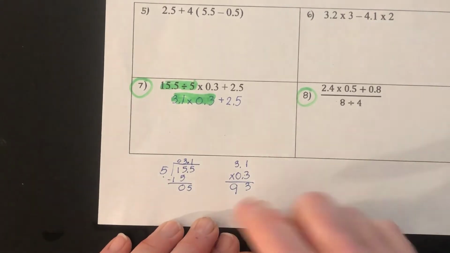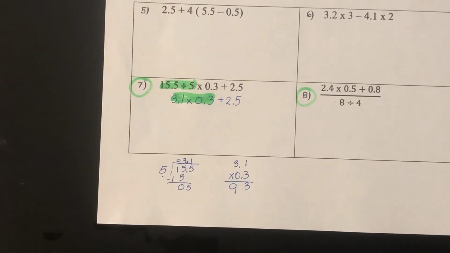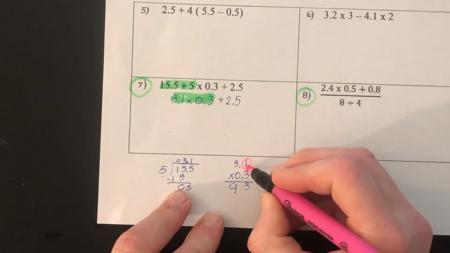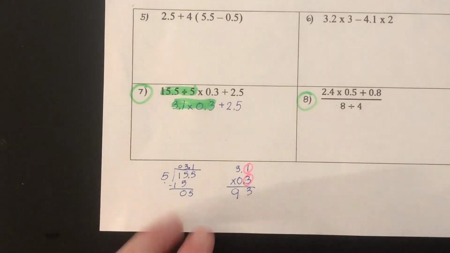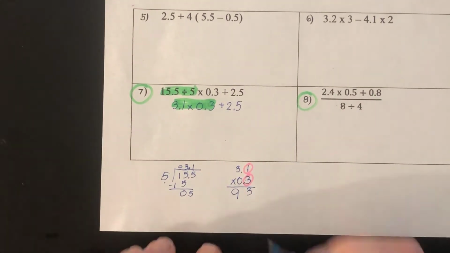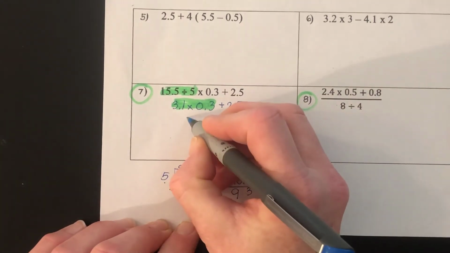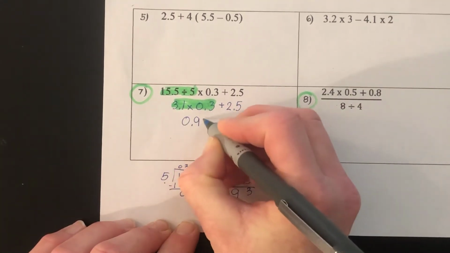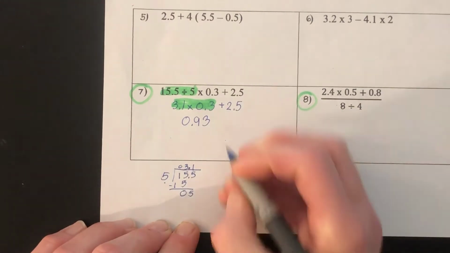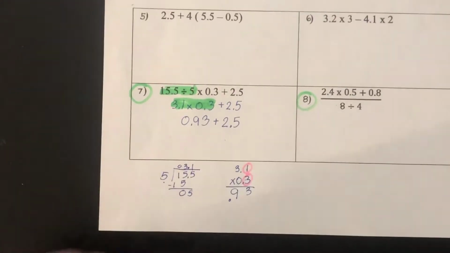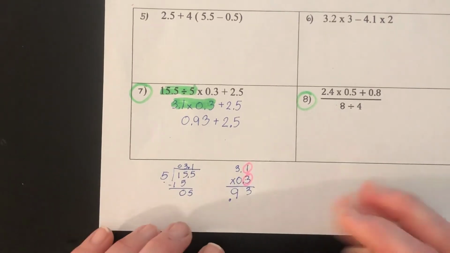If you look up, I have 2 decimals. I have 1 digit to the right of this, 1 digit to the right of that. So I need 2 digits to the right of the decimal, which puts my decimal here. So that is 0 93/100. Plus 2 5/10.